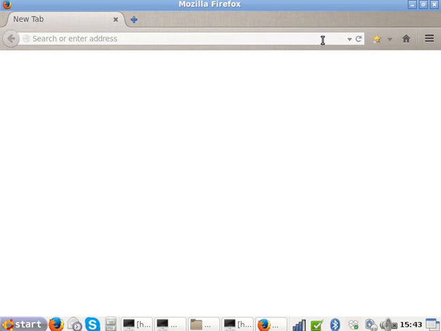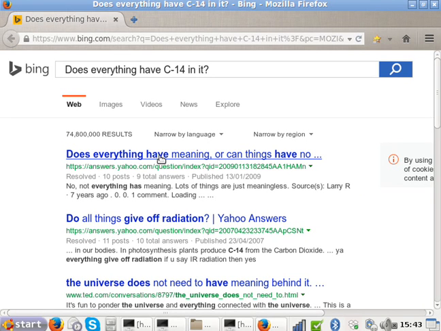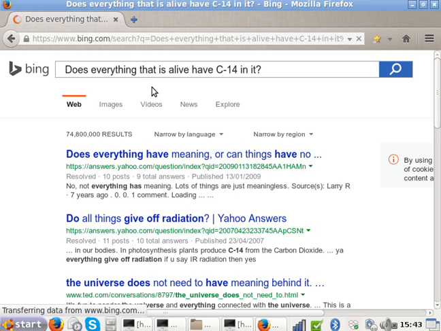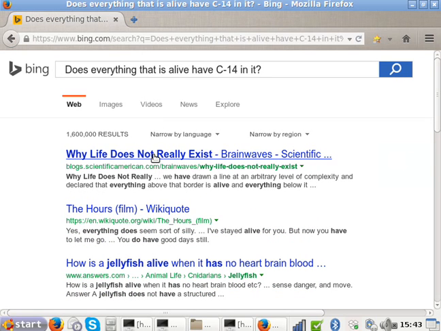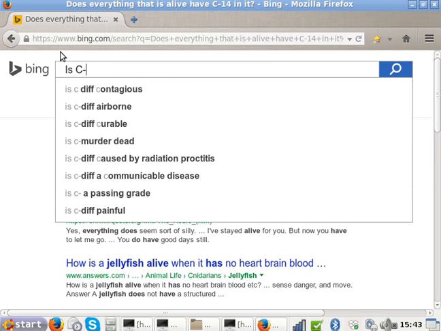Let's see. Does everything have C14 in it? I wonder if there's any examples of something with no C14 in it. Does everything that is alive have C14 in it? Oh, for goodness sake, it's not giving me anything useful.